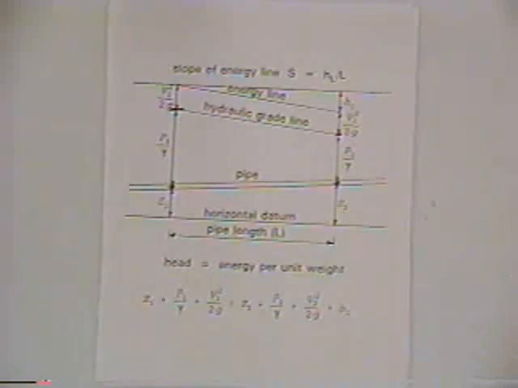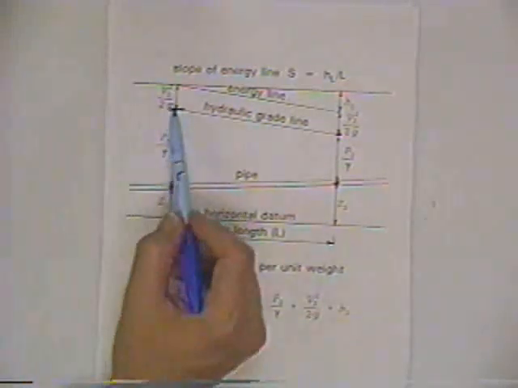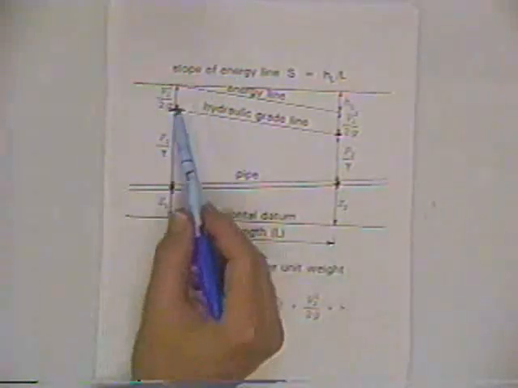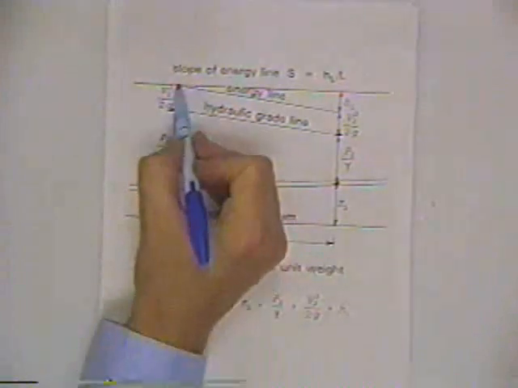Now we also have velocity head. The water's flowing, there's a kinetic energy. And so when you add your velocity head, and it's going to be in meters or feet too, it's a head, an energy per unit weight of flowing fluid, foot-pounds per pound, or newton meters per newton. And so you add that and you get the energy line.